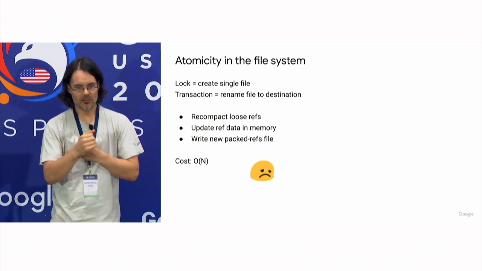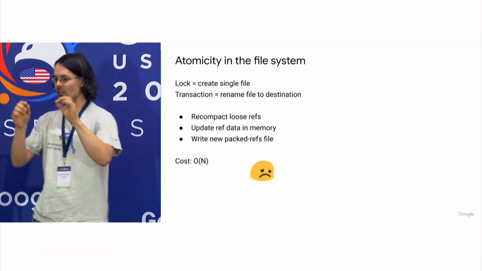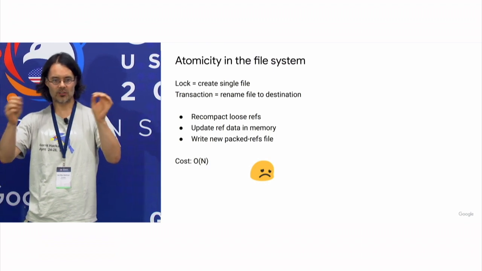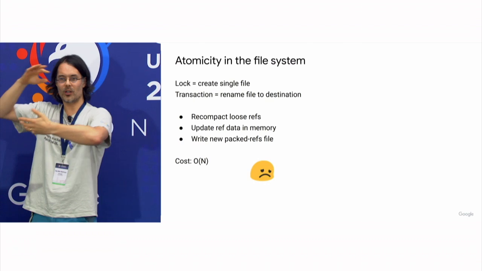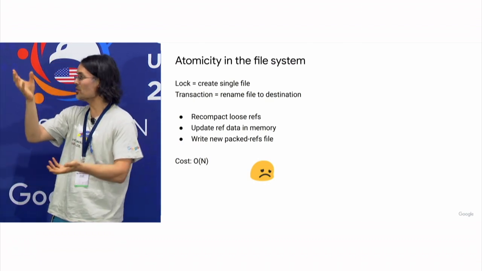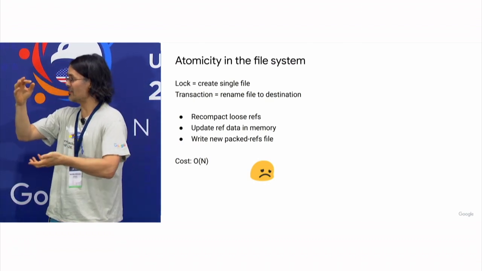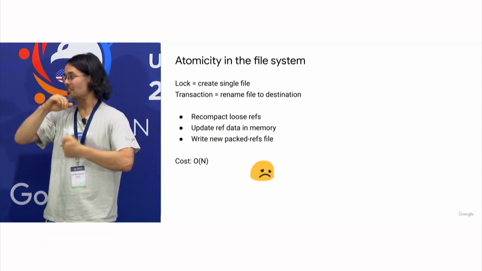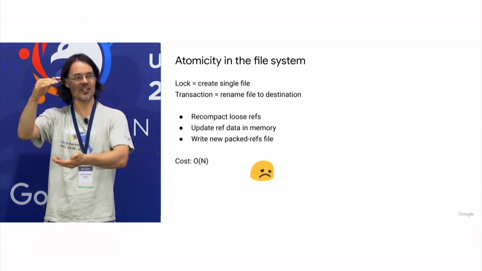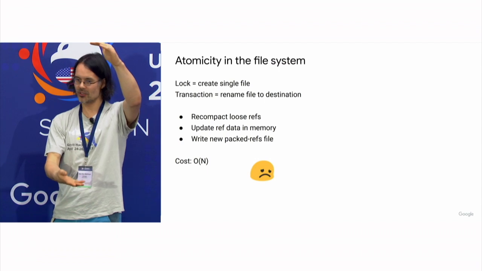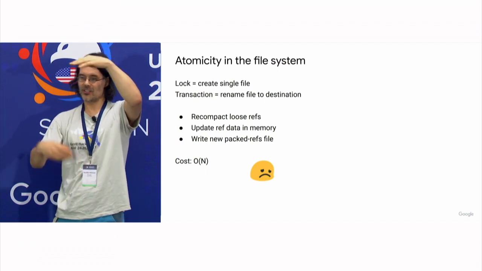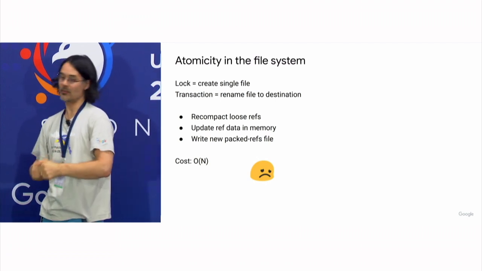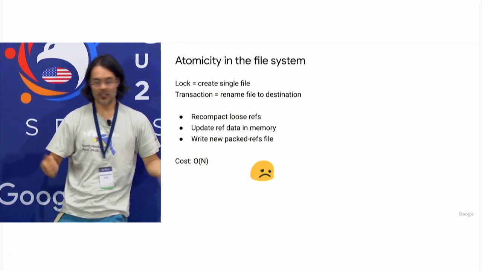You can rename them and it fails or it succeeds. But if you have two files, there is no way to coordinate. So in order to do transactions, you have to make one big file of things. Then you can do a change, and then you can have transactions. Basically, you have this file with 2 million lines, and you remove and add lines to the file, and then you copy it and rename it. So it's, again, very, very expensive.